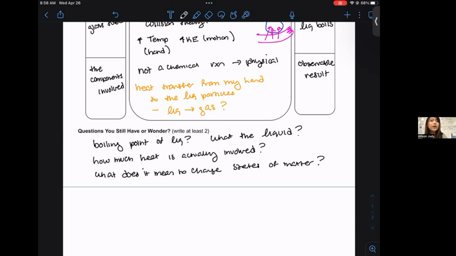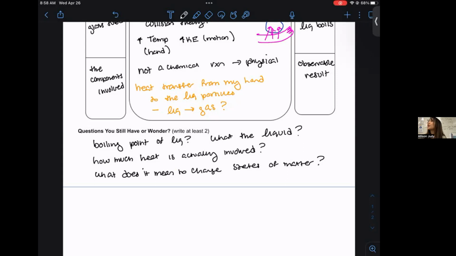Because if the liquid's oil, that might change how we describe what's happening. But if the liquid is like water, that's a new question. When I hold water, it doesn't boil. So what's the liquid? A lot of questions we need to ask ourselves.